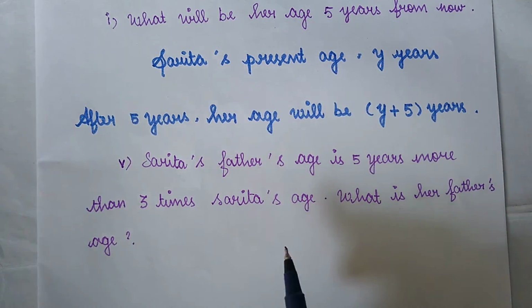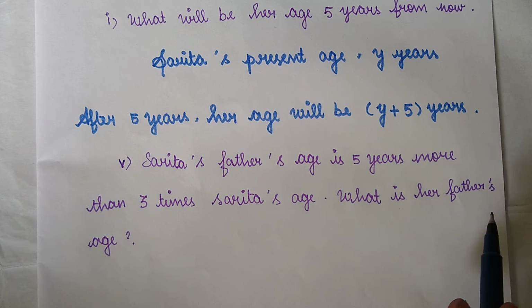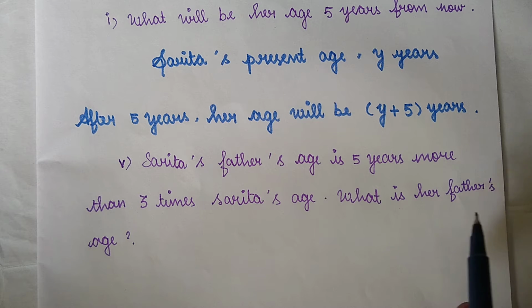So Sarita's father's age is 5 years more than 3 times Sarita's age. So we have to find the age of her father. So how will you find?